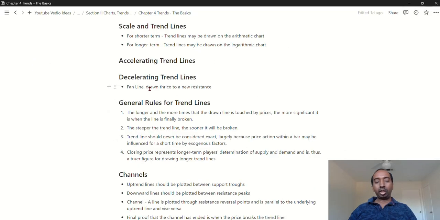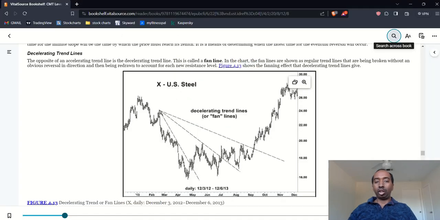Decelerating trend lines. Another name for decelerating trend line is fan line, drawn thrice to new resistance. We have a peak. From this peak, we draw the first trend line. When this trend line is broken, we draw a second trend line connecting the peaks.